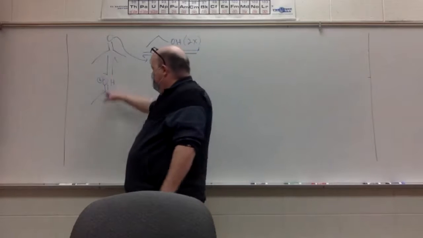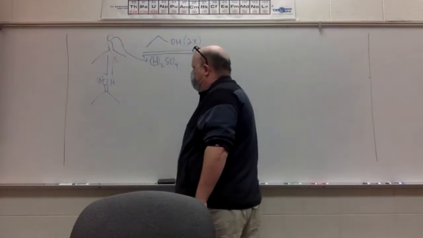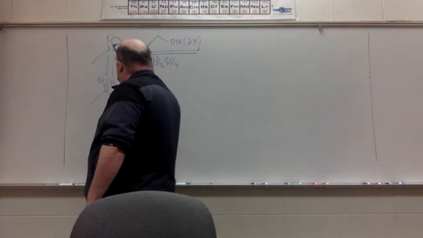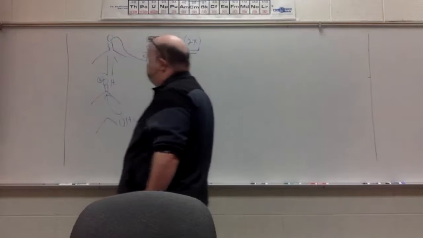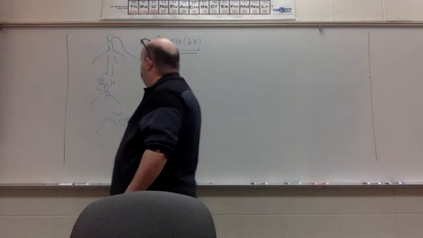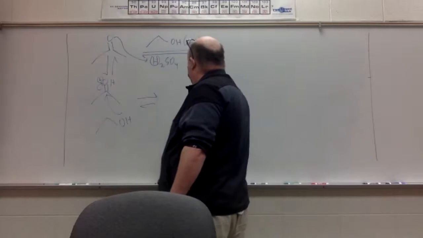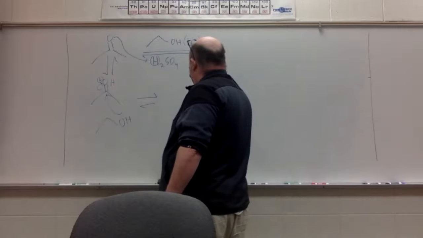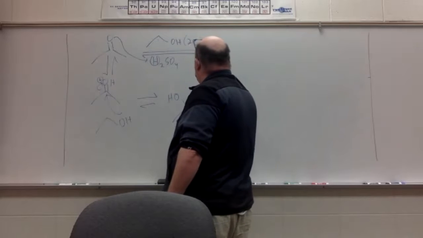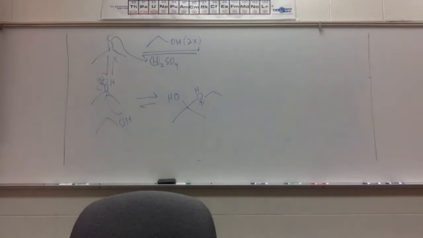So oxygen hates being positive, so it's going to pull on these electrons even more. It makes this partial positive stronger, strong enough for your alcohol to come in and attack. And when it does that, it'll move a pair of electrons up to oxygen. Gives you that.